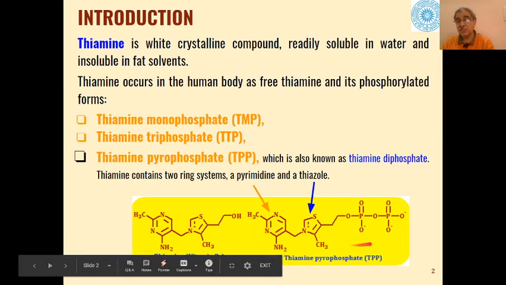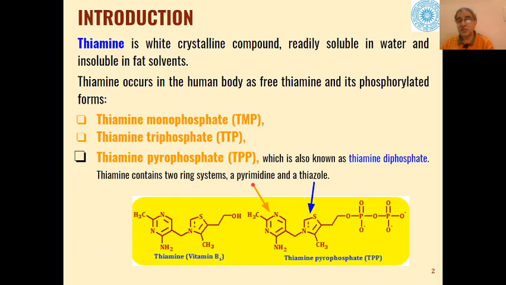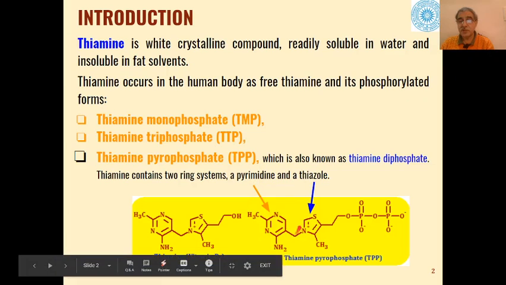So you can see this is the structure of thiamine pyrophosphate or thiamine diphosphate. This is the diphosphate group, which is attached to two aromatic heterocyclic rings. One is the pyrimidine ring, and this is the thiazolium ring or thiazole ring.